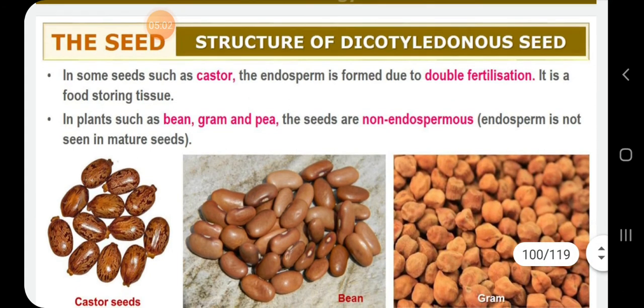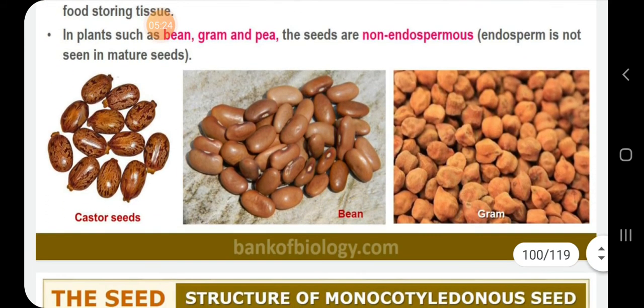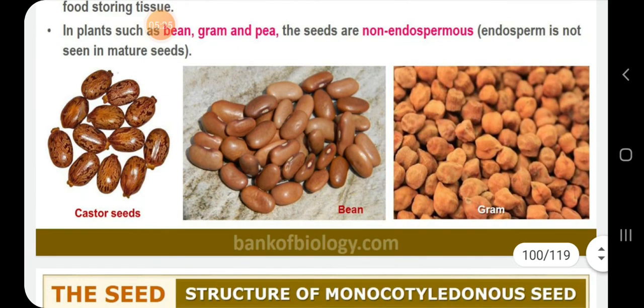In some seeds such as castor, the endosperm is formed due to double fertilization and it is a food storing tissue. In plants such as bean, gram, pea, the seeds are non-endospermous because endosperm is not seen in the mature seed, as it has been consumed during the formation of the two cotyledons.